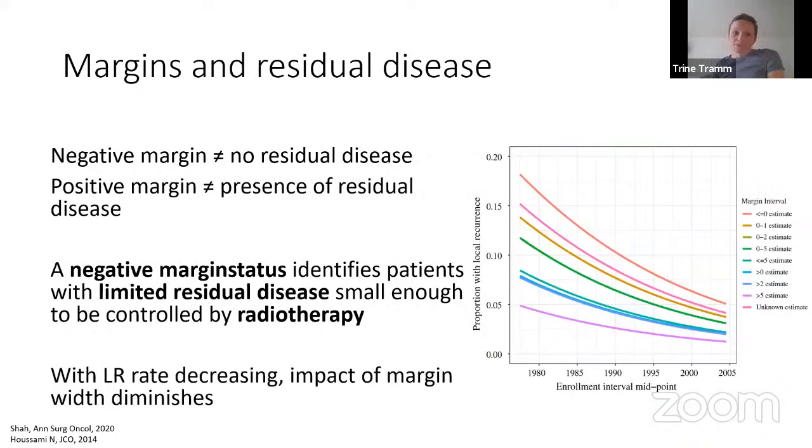And what we see now is that with the local recurrence rate decreasing, we also see that the impact of not just margin status, but margin width is actually diminishing. And you see the differences out here in 2005 is smaller than in previous times.